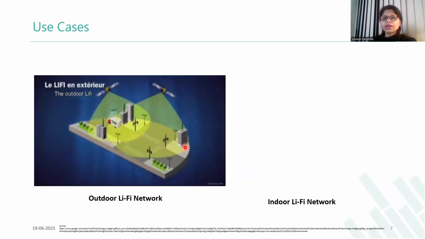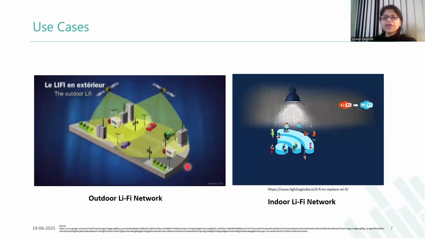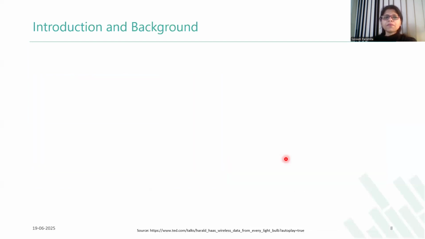We will talk about the transmitter and receiver in detail in the next slides. Similarly, for indoor networks, we can utilize whatever light systems are available indoors for our communication purpose. These are demonstrations of how the light signal can be utilized by the transmitter and receiver for indoor and outdoor use cases.